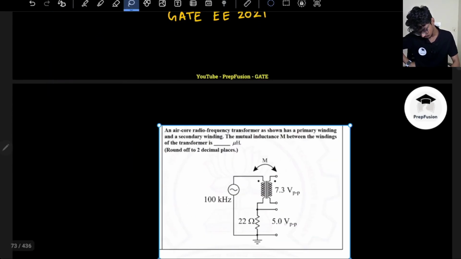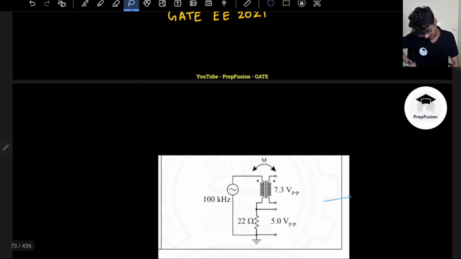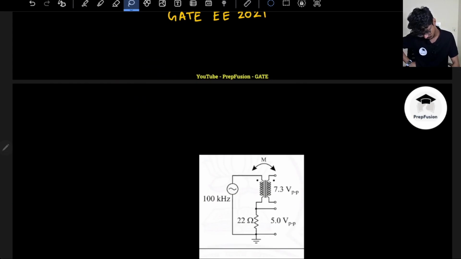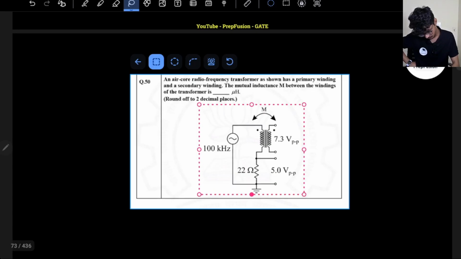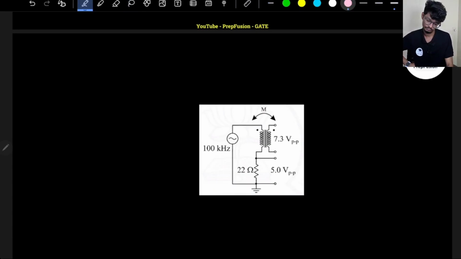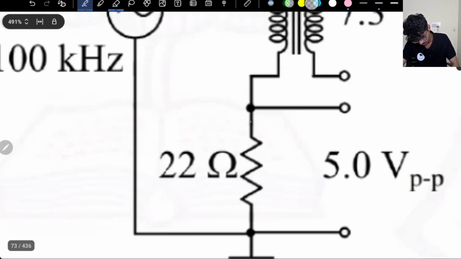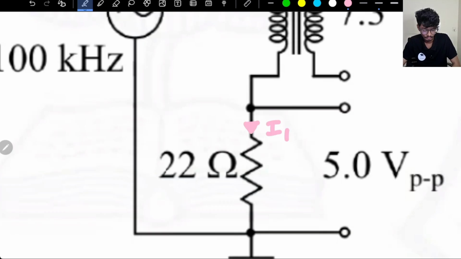So if I measure the current I1, okay, any current IR through this. So what is the current IR? This current is 0, right? This is open ended, no current will flow through here.